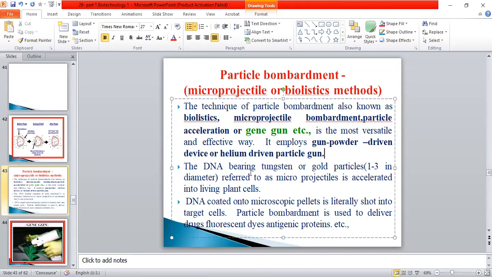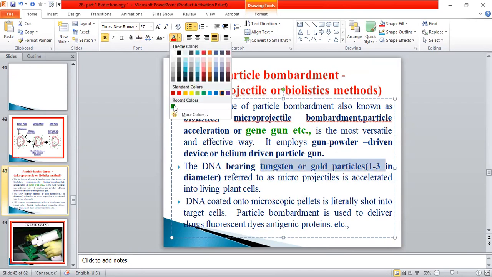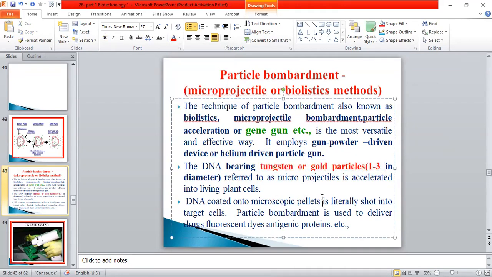Okay, the DNA bearing tungsten or gold particles. This is very, very important, my dear. This is also asked so many times: what is the diameter, and which metal is the gene gun particle made of? Like that, they asked the question. The DNA coated onto the microscopic pellets is literally shot into the target cell.